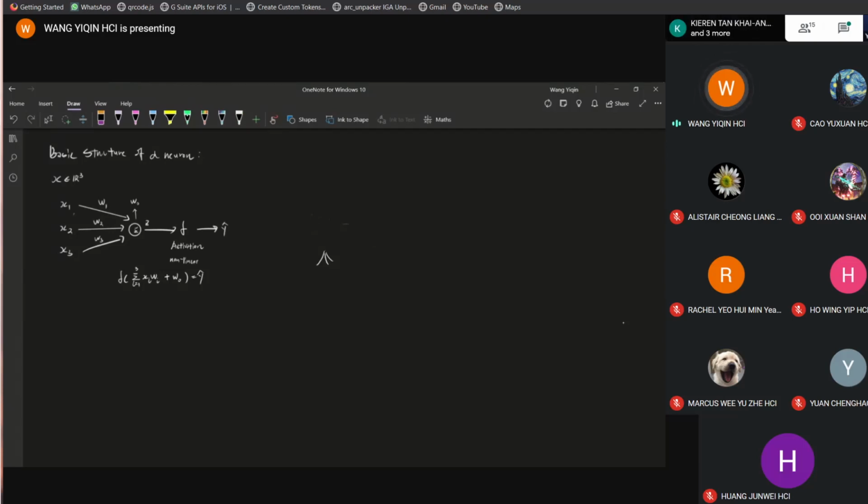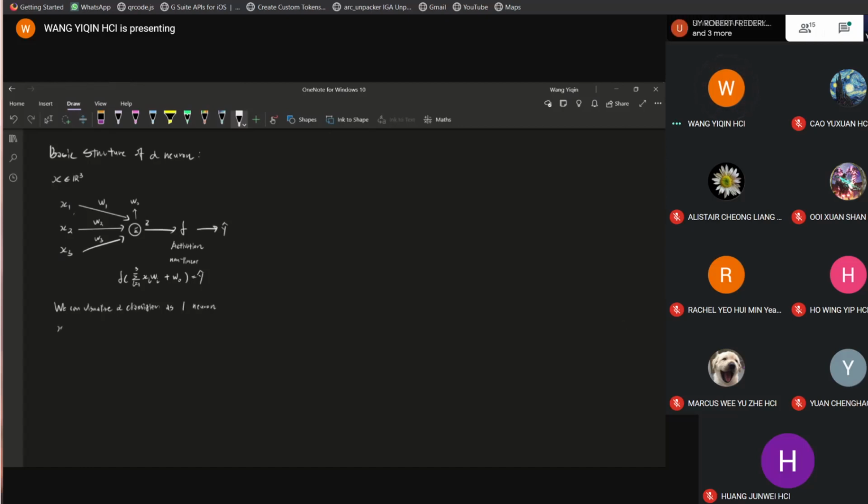Okay, so this is very much biologically inspired. And you realize that you have already worked with such a neuron before. In fact, your linear classifier is just a single neuron, right? So we can visualize your linear classifier as one neuron.